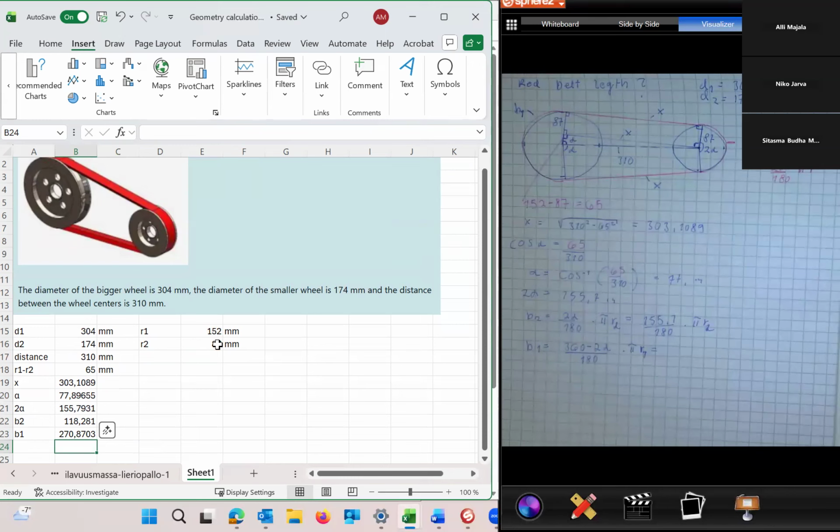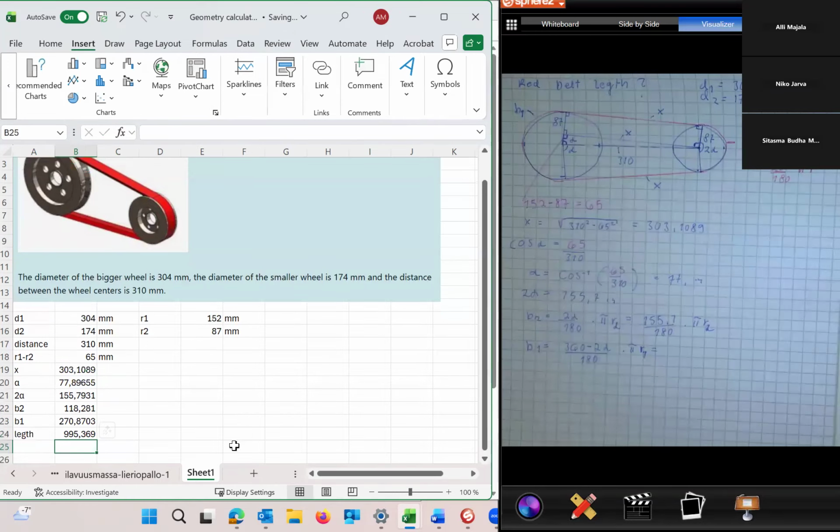And now I have everything that I need. Length. No, this is the wrong way. Length: two times X plus B2 and B1 plus, oops, what did I do? And then I would get it there.